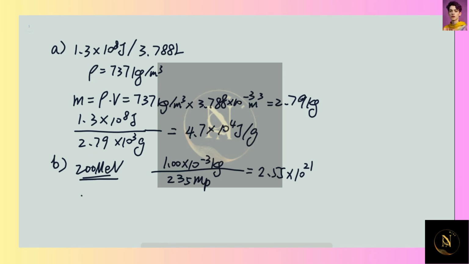We can again do the unit conversion. 200 MeV of energy times the converter to convert this energy to joule, 1.6 times 10 to the negative 13 joule per MeV. And then we have 2.55 times 10 to the 21.